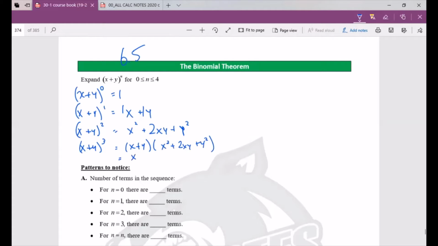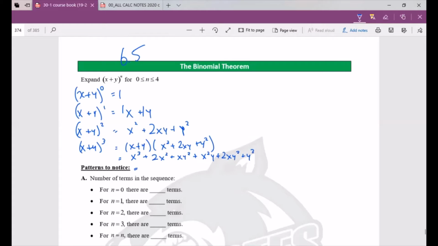And this ends up being, let's multiply x by each of those terms, x cubed plus 2x squared y plus xy squared. Now we multiply y by each of those terms, it's going to be plus x squared y plus 2xy squared. And then our last term is plus y cubed. I'm trying to conserve some room because we're going to have to do this to the 4 also.